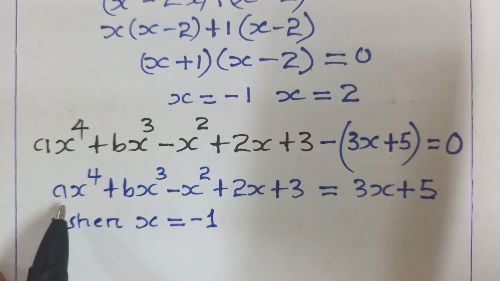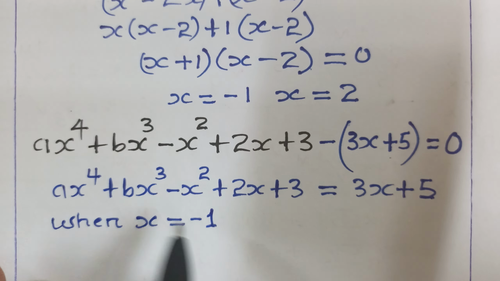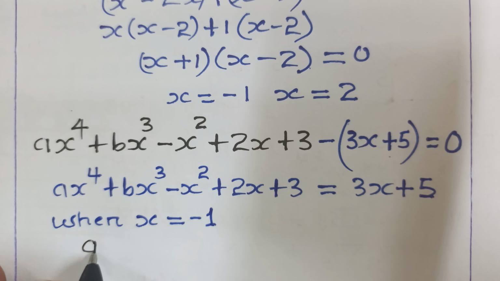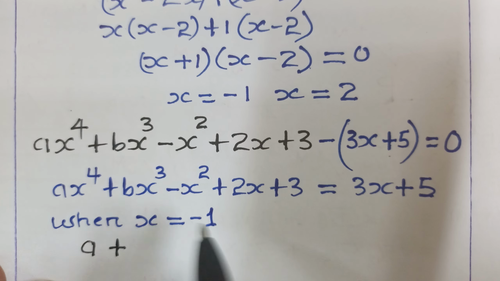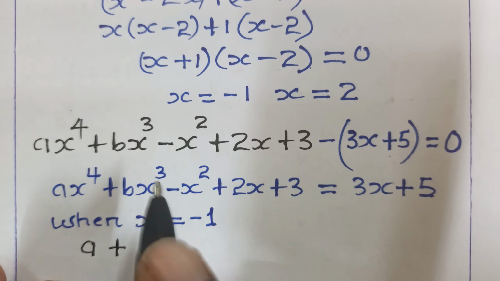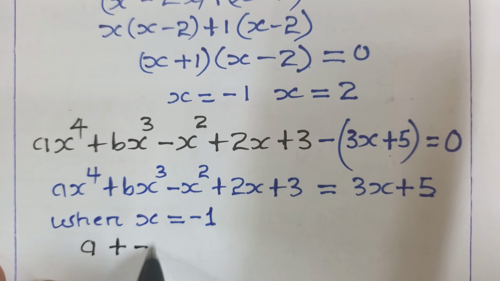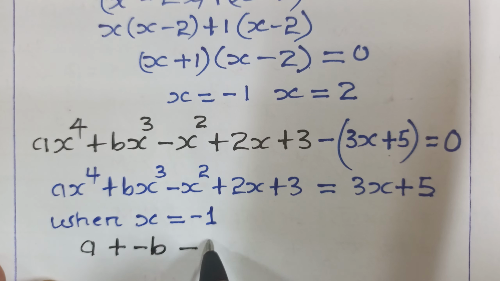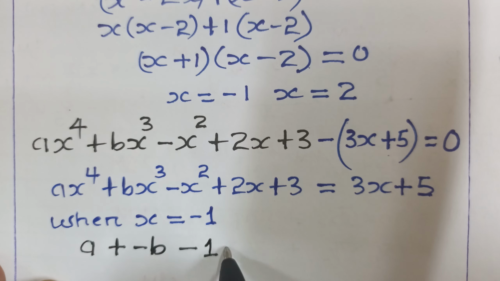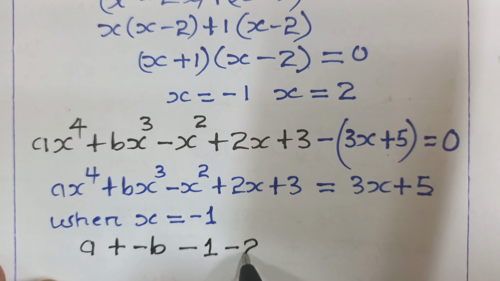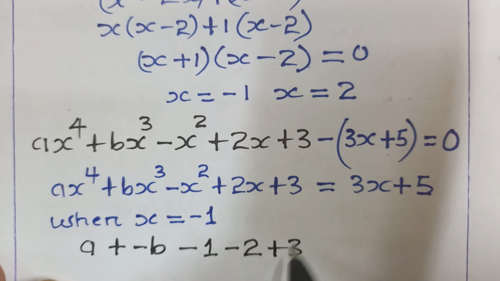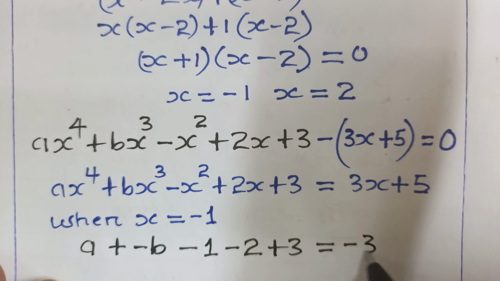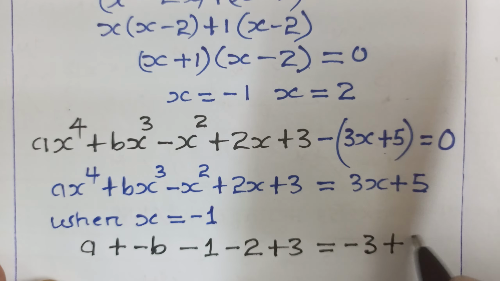This comes to negative 1 raised to 4, which is 1, so we have a, plus negative 1 raised to 3, which comes to minus b, now minus 1, minus 2, plus 3, and this is equal to negative 3 plus 5.